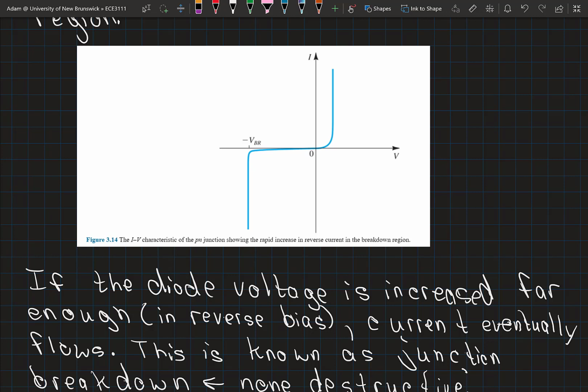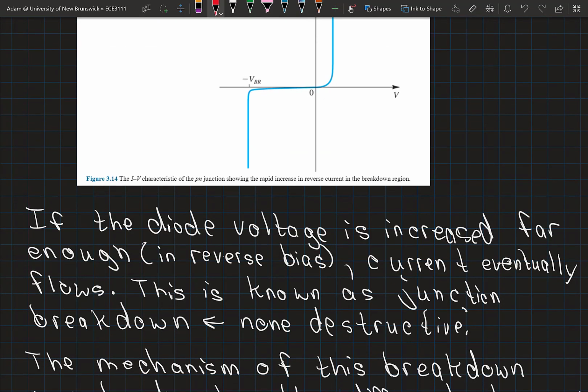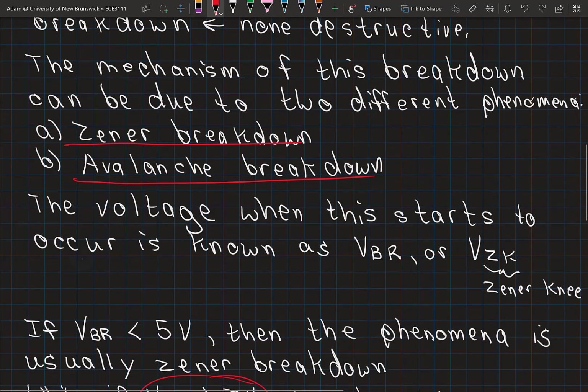So bias does have some effect, and it's maybe not clear here, but there is some slope here. The slope is not in fact infinite, although it might appear that way in this diagram.